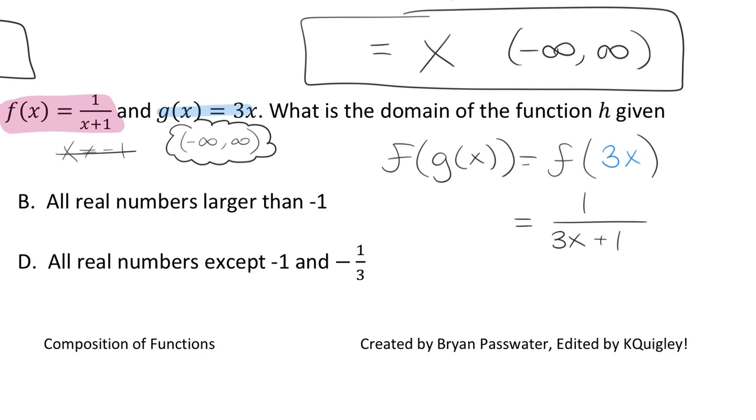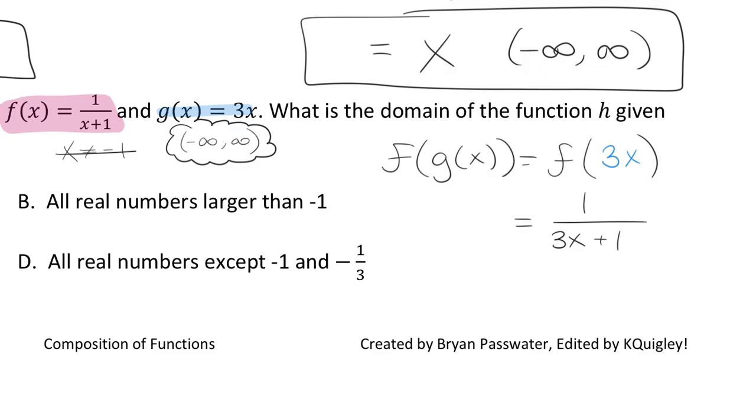Similar to f, what number am I not allowed to plug into the bottom? Negative 1. If I put negative 1 there, this would be 3 times negative 1 plus 1. That one's okay because that's negative 2 plus 1, which is negative 1. What number, it is a fraction, am I not allowed to use? Close, super close.